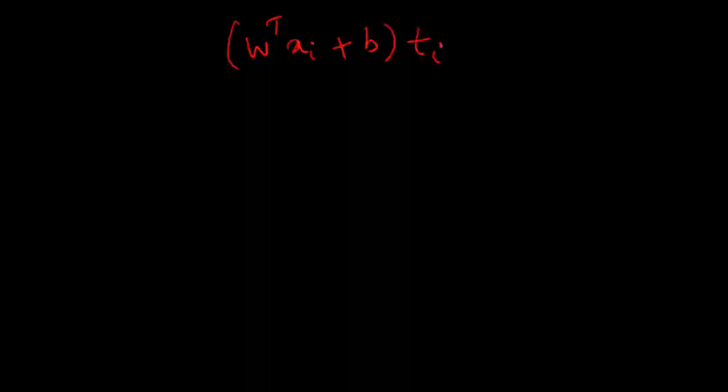The way we will do it is that we look at W transpose Xi plus B, take its product with Ti, and what we want is a max of 0 comma this term.